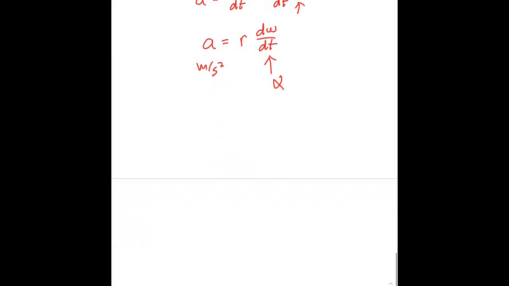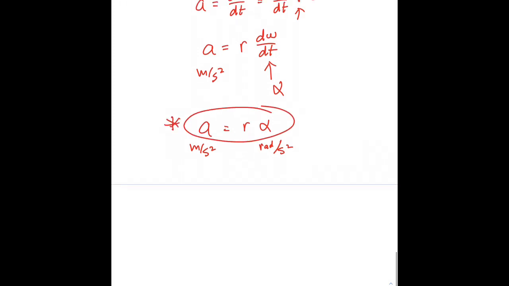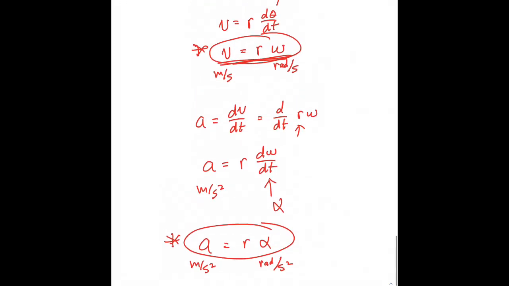In other words, acceleration measured in meters per second squared is equal to radius times angular acceleration measured in radians per second squared. Two very important formulas that help us relate linear motion to angular motion.